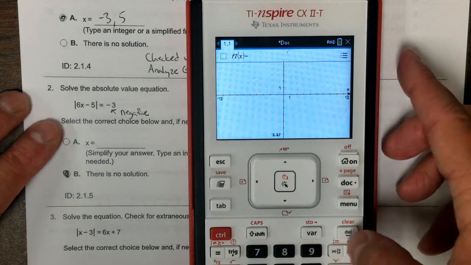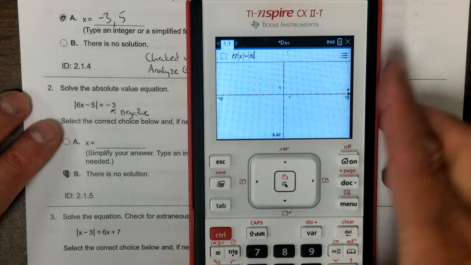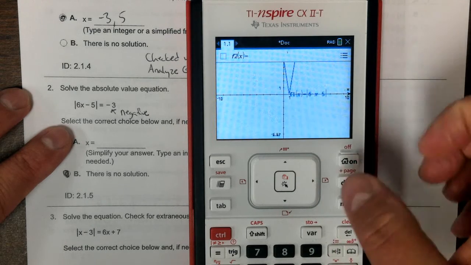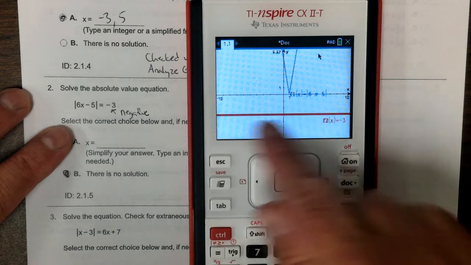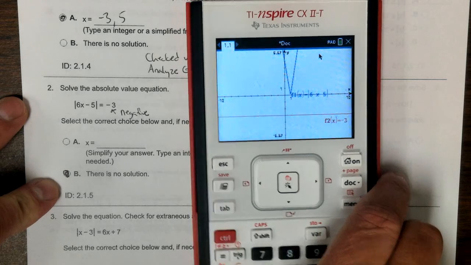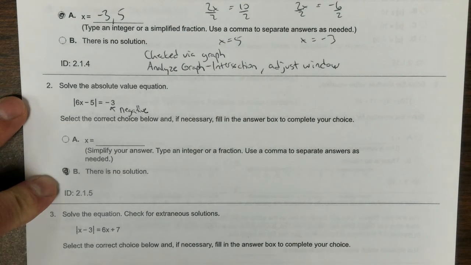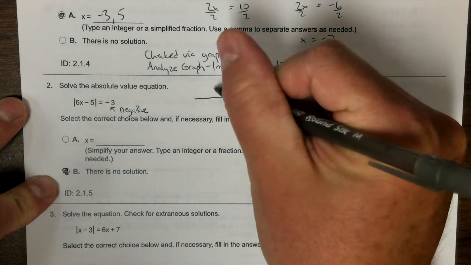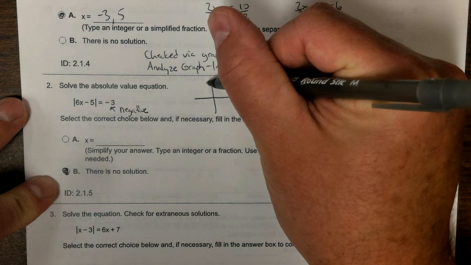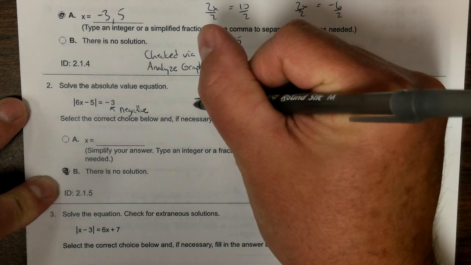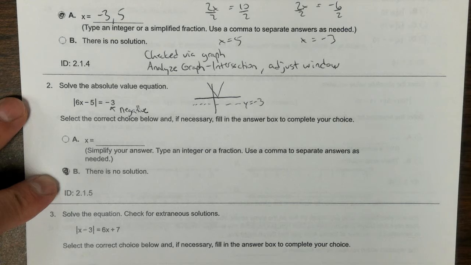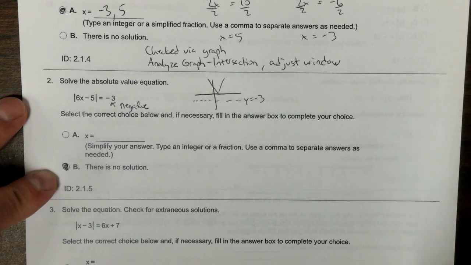Add graph, 6x minus 5, which is the V graph, but then negative 3 is lower. It doesn't cross, so there's no solution. So again, just as a quick sketch, y equal negative 3. So it doesn't cross. No intersection, no solution.